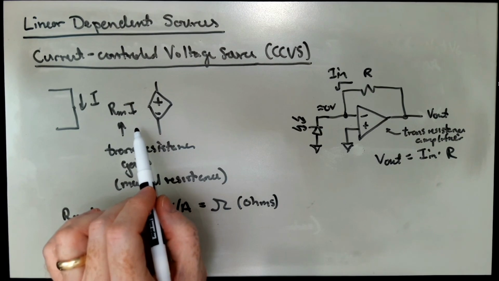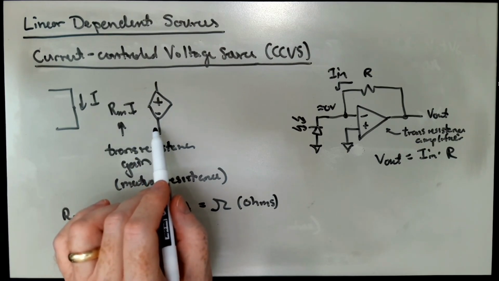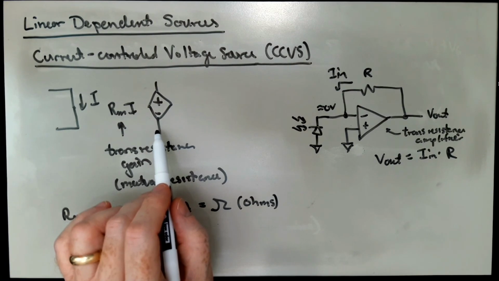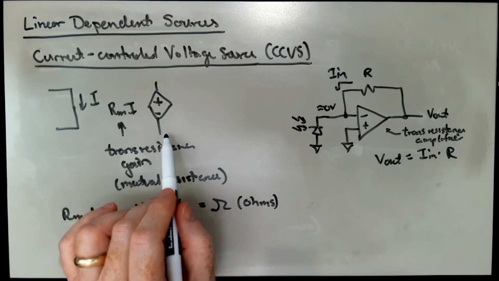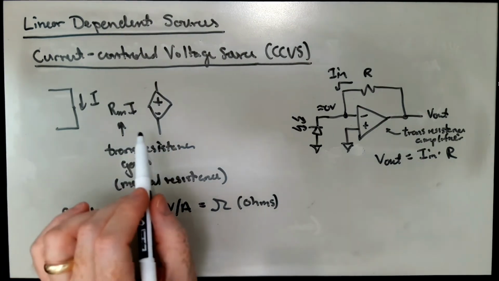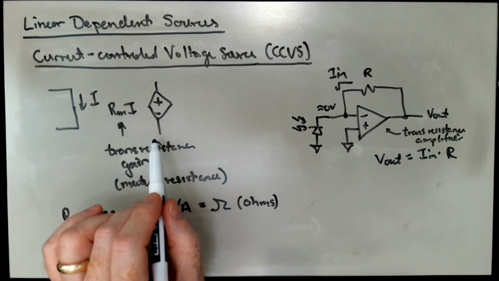But you can also use that to implement a simple linear dependent source. Okay, so we may not be using these four types of sources very much explicitly in our modeling, but it's important for you to understand what they are, and what the symbols mean. These concepts of transconductance and transresistance are going to be important for us as we go through the term.